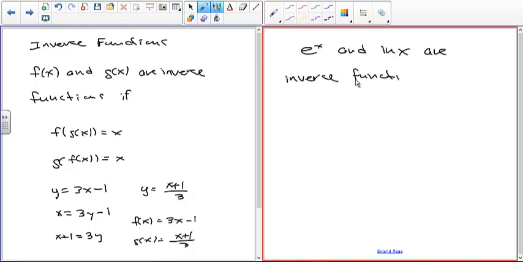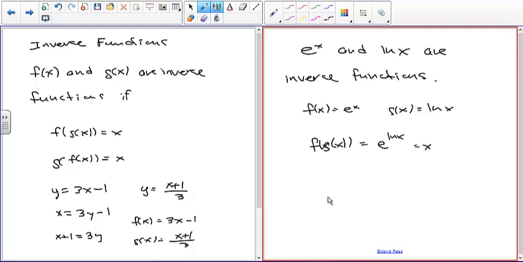And you use that a lot in pre-calculus because if you say f of x equals e to the x and g of x equals the natural log of x, if I do f of g of x, then I'll have e, and then for x I'll substitute in g of x, so I get e to the natural log of x.